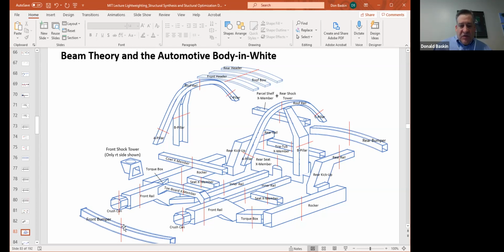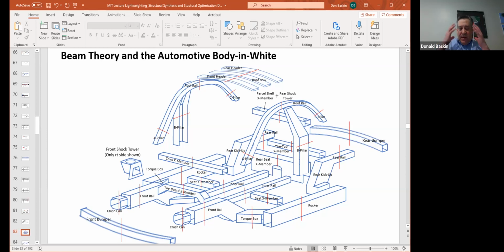You can maybe visualize this in your head: if you get into a front impact, the load first goes into this bumper beam. It transfers through the crush cans, which hopefully crush so nobody gets hurt. And then the load flows down the front rails into the torque boxes and then back into the rocker and into the inner rail.